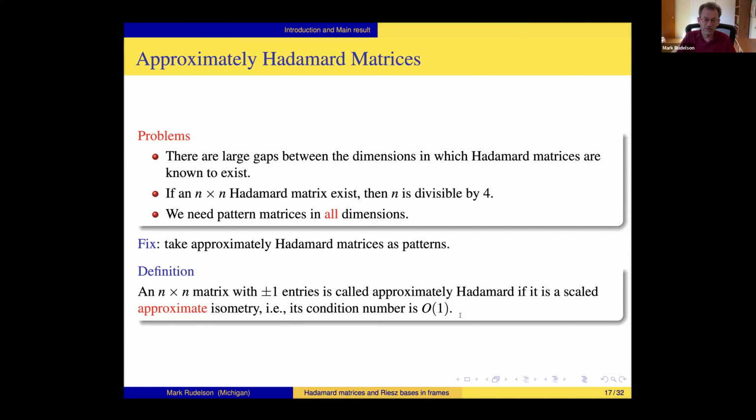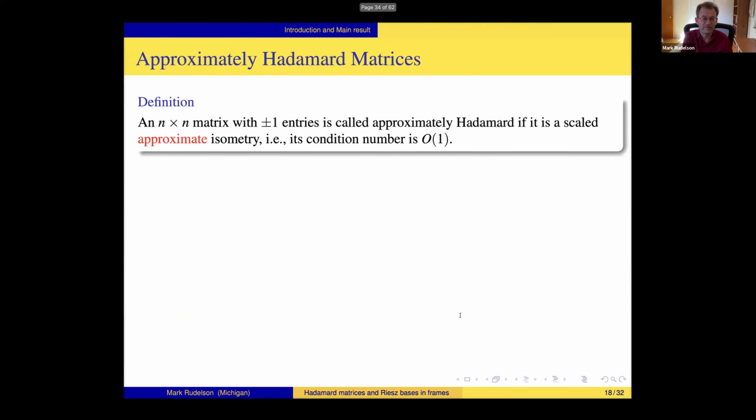Okay, so how to construct such matrices? The first thing we can do, if we are probabilists, is to try it randomly. So let's take a random plus minus 1 matrix, and hopefully it will be more or less Hadamard.